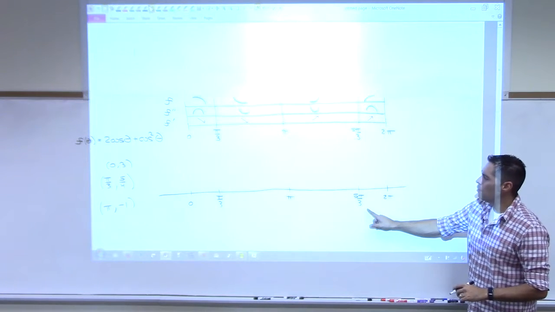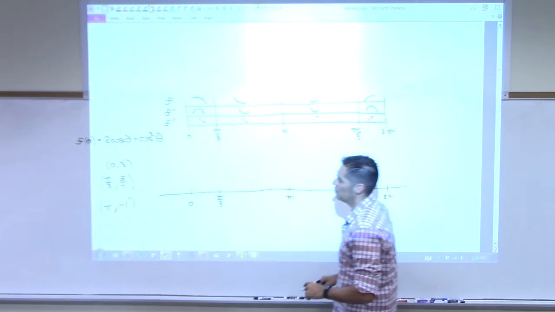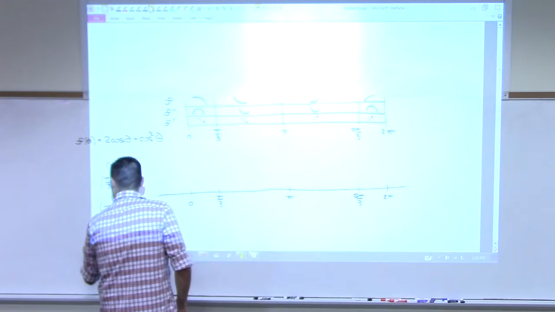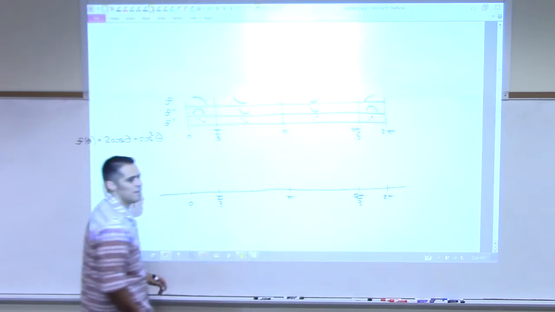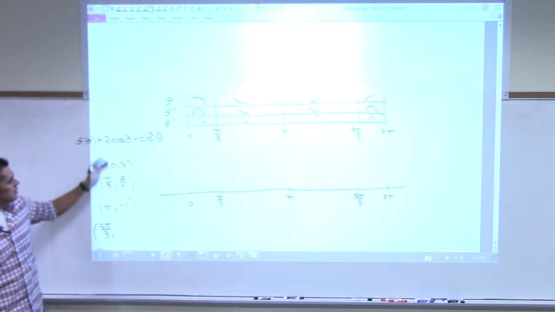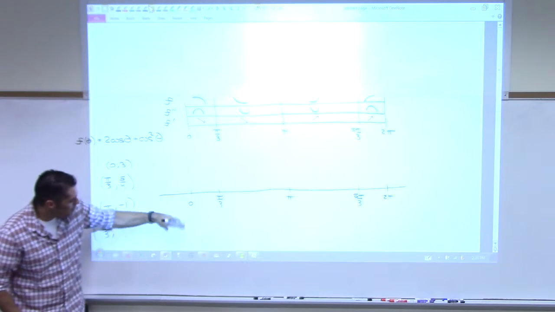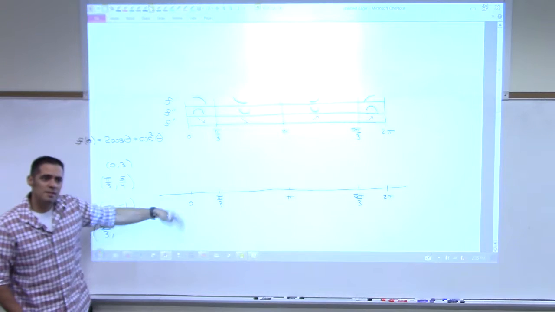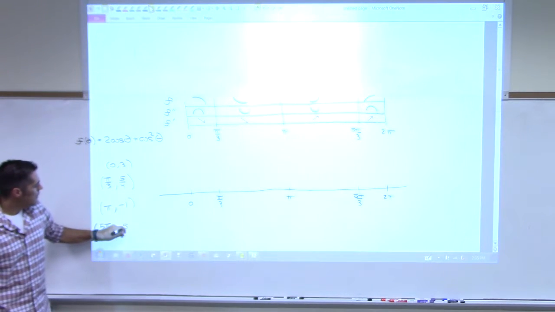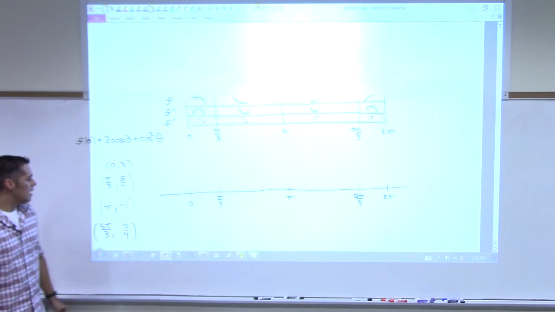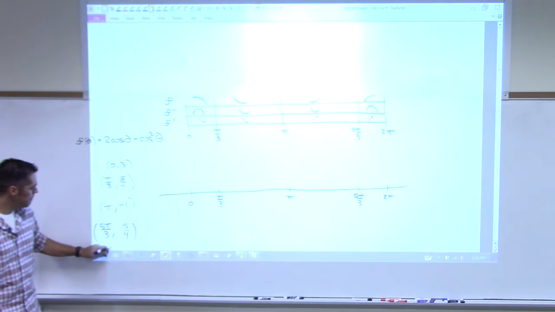5 pi over 3. What is cosine of 5 pi over 3? It's the same as cosine of pi over 3. Remember, pi over 3 is there, 5 pi over 3 is down here, cosine is the x-coordinate, same x-coordinate, so we're still going to get 5/4. And then finally 2 pi.